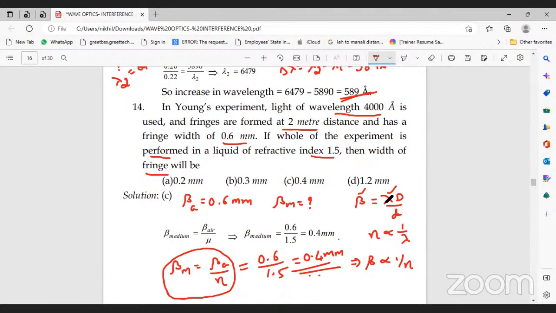So what is the fringe width in the given medium? Option C, it is 0.4 mm. Remember this is very important: fringe width in the given medium is nothing but the fringe width in air medium divided by the refractive index.